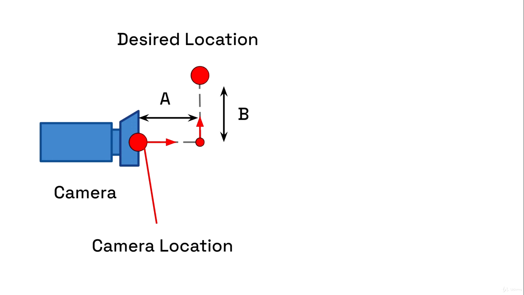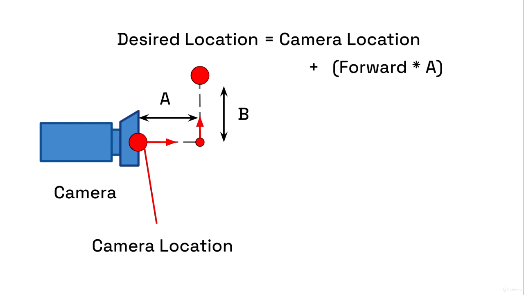So our desired location can be calculated by getting our camera's location and adding its forward vector, which is a unit vector, it has a length of 1, multiplied by A, this distance that we want to move outward. And then we can also add the up vector, which is also a unit vector pointing upward, and multiply that vector by B, which is the distance we want to move up.